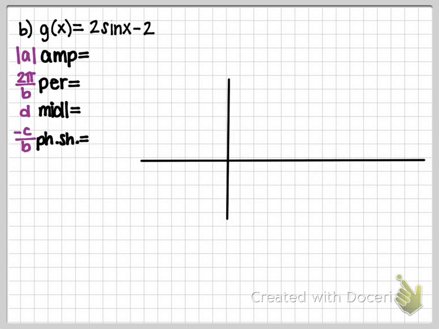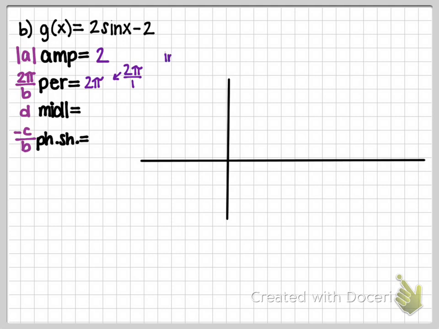So now we are going to change both the amplitude and the midline in this one. So my A value is 2, so the absolute value of 2 is 2. So that's my amplitude. My period is going to be 2 pi over my B value, which is 1. So the period is just going to be 2 pi.